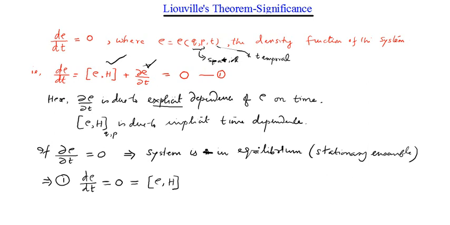Now what does it mean? It means that the Poisson bracket of ρ with H should be equal to 0. I hope you remember from our classical mechanics discussions an important property of the Poisson bracket.